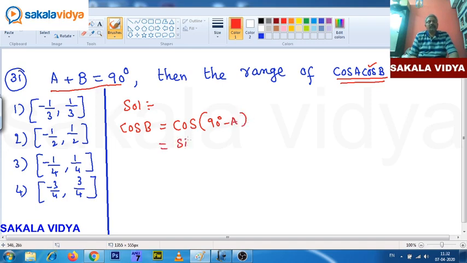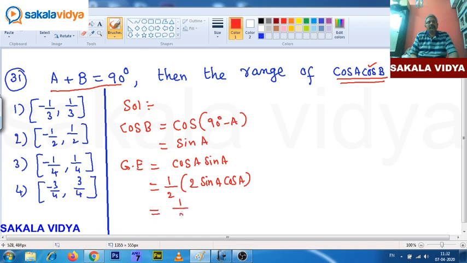So this is sin A. Now the given expression cos A cos B is cos A into sin A. Multiply and divide by 2, this can be written as half into 2 sin A cos A. 2 sin A cos A is nothing but sin 2A, so half into sin 2A.